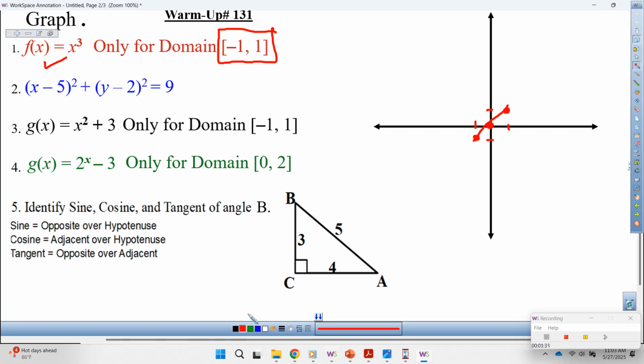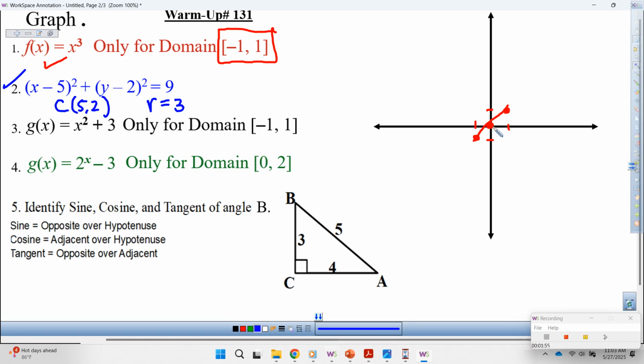All right, before Mariah leaves, she's going to help us with number 2. So Mariah, it looks like this is a circle, which means we need a center and a radius. What is our center? 5, 2. And our radius? 3, or take square root of 9. That is correct.